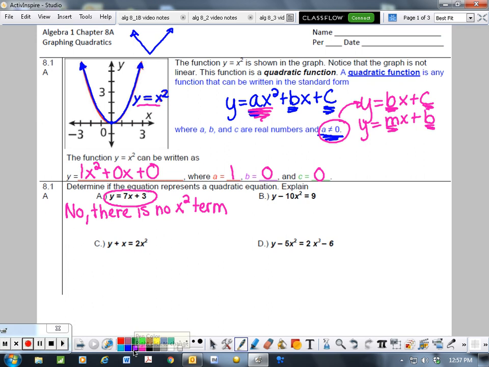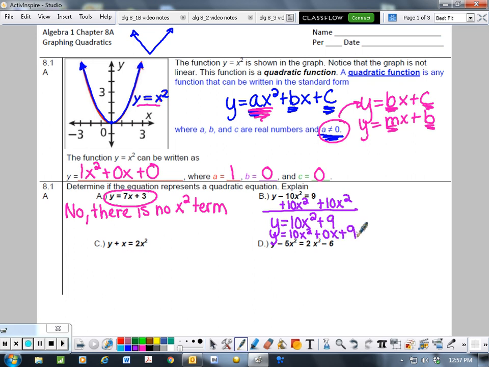So now we can look at the next one, and you know what? Let's get our y by itself. So let's move this to the other side. Now this looks like y equals 10x squared plus 9. And we can even write it as y equals 10x squared plus no x plus 9.